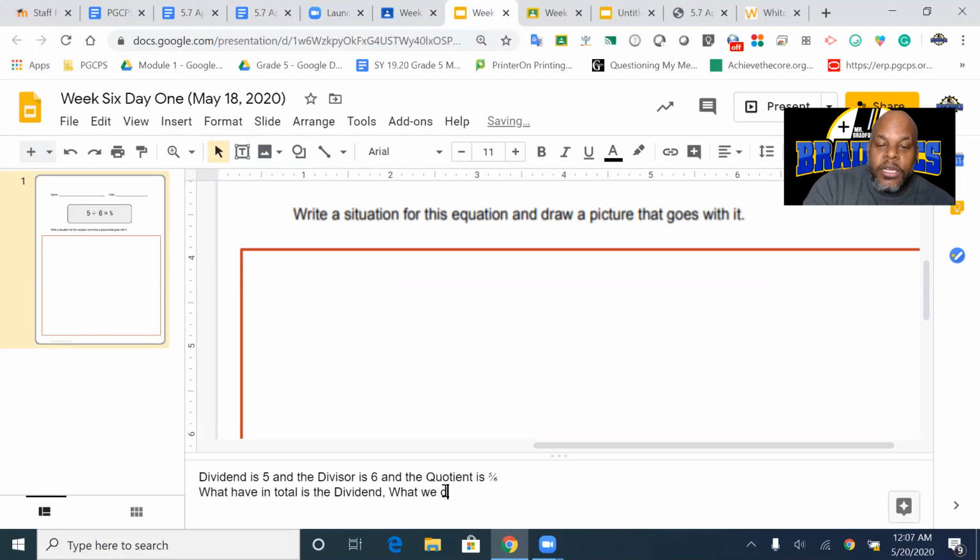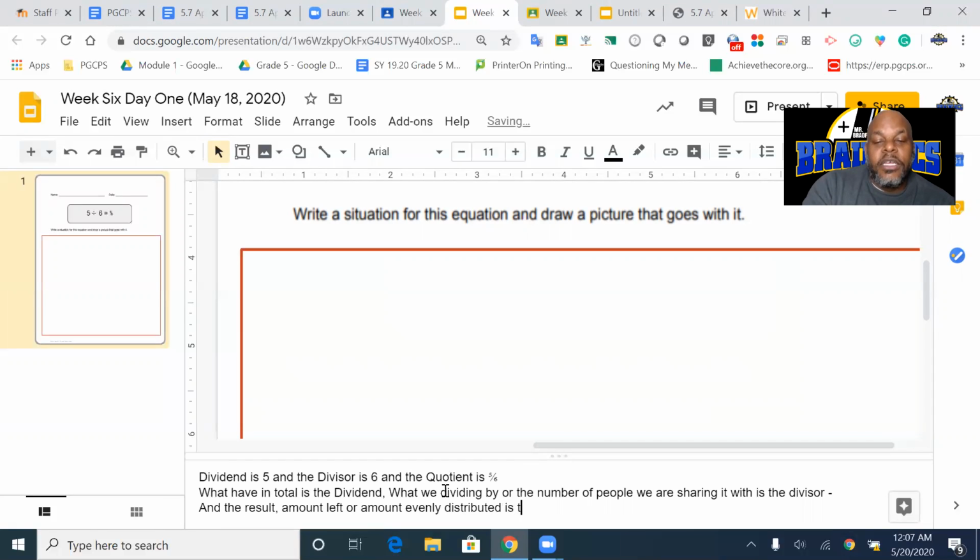What we are dividing it by, or the number of people we are sharing it with, is the divisor, and the result, amount left or amount evenly distributed, is the quotient.